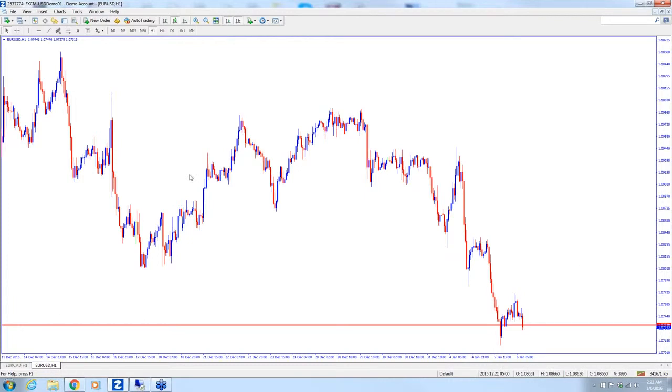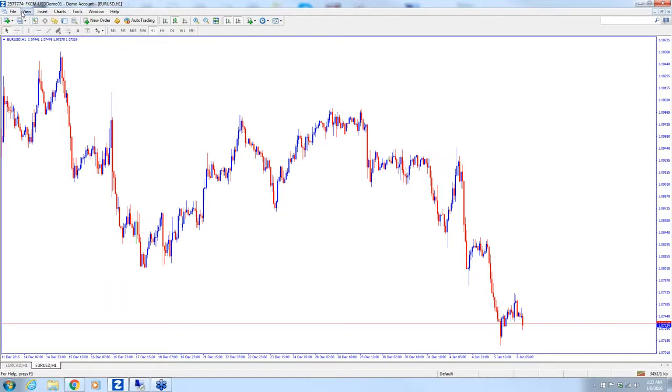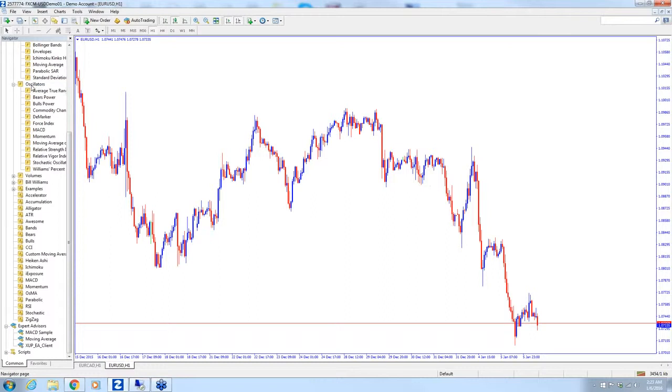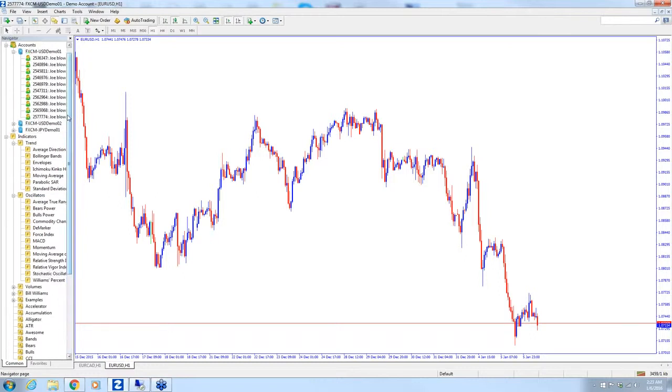From here, you really don't need anything else. You really don't. However, indicators are a great crutch. I suggest starting off with maybe some moving averages. Nothing wrong with that. Maybe a moving average or two. So we're going to do View, Navigator, and this is where you have all your moving averages and all your indicators.